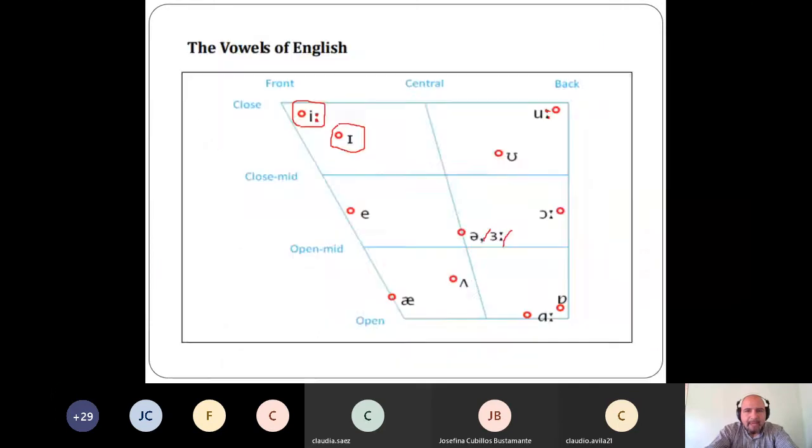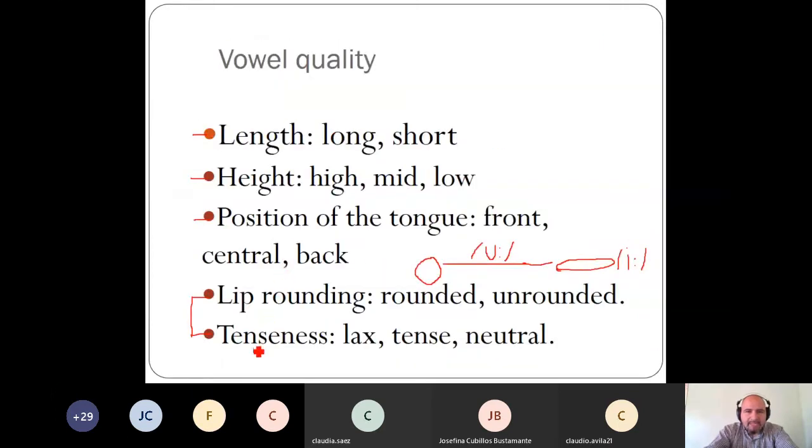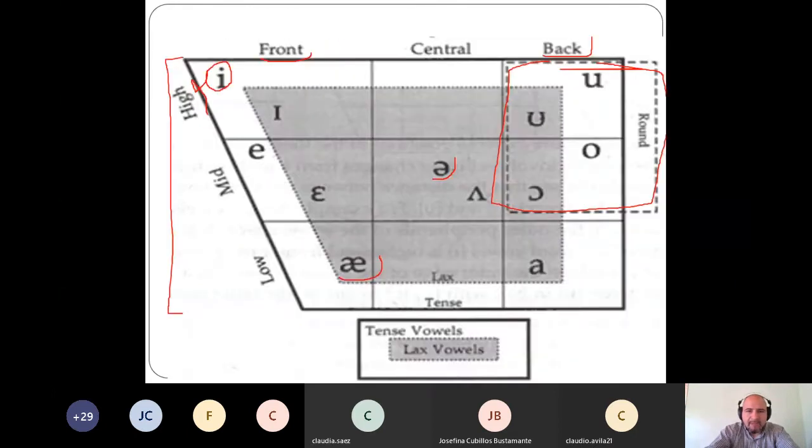Okay, and the final criterion to describe a vowel sound is tenseness of the lips or tension. And we can describe a vowel sound saying it's a lax, a tense, or a neutral vowel sound. Okay? If you look at this chart, if you look at here at the bottom, the tense vowels are in the white area, and the lax vowels are in the gray area.